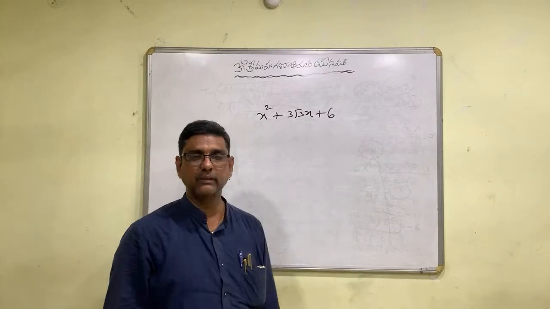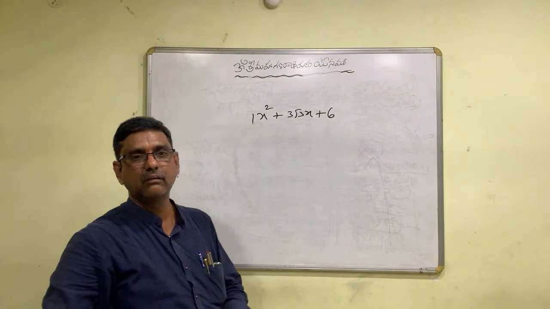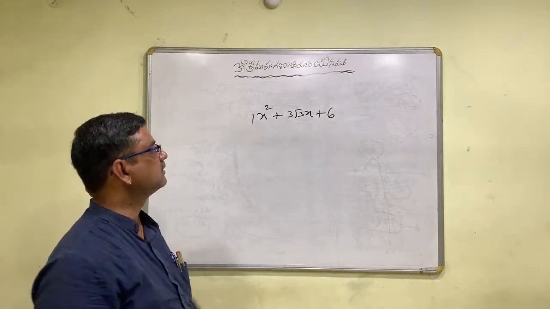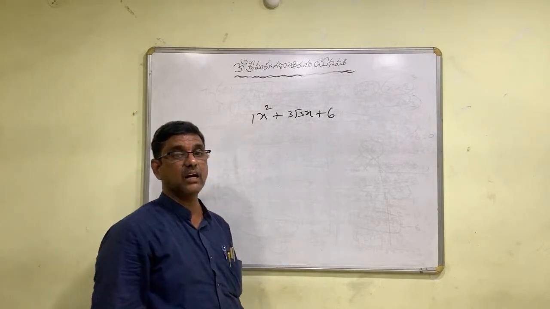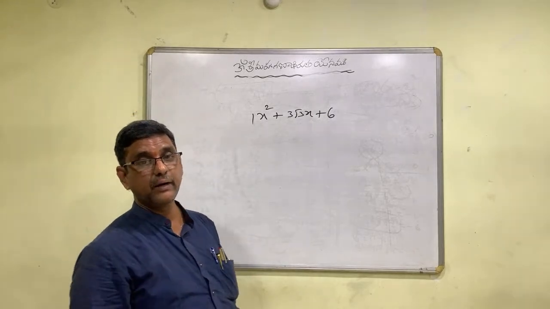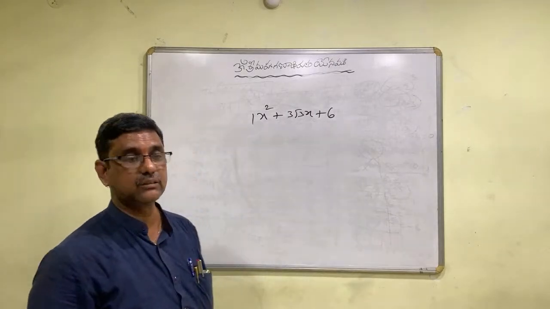Observe the middle term, everyone. Coefficient of x square is 1. Middle term, 3 root 3. The middle term has an irrational coefficient. And constant is 6.